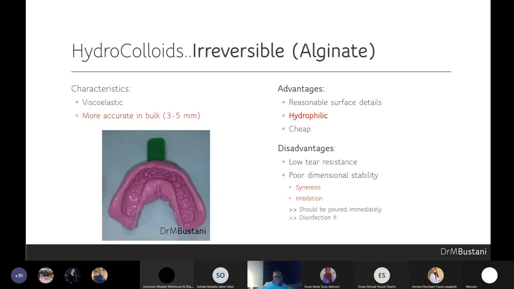The term used for gaining water, when the alginate is in contact with a humid atmosphere or even immersed in water, is imbibition, while losing water when it's exposed to air for a long time is called syneresis. All right, remember these two terms.